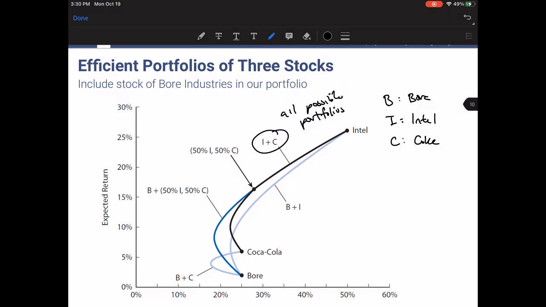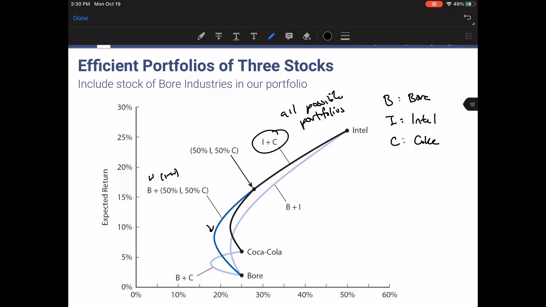This dark blue line means 50-50 in Intel and Coke, but you're varying the weights between B and this 50-50 portfolio. So you can think of it as W times B and 1 minus W times the 50-50 I and C portfolio. So you just multiply the 50 times 1 minus W, and that should give you the actual weight.